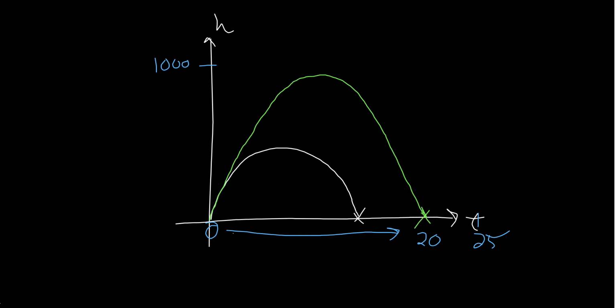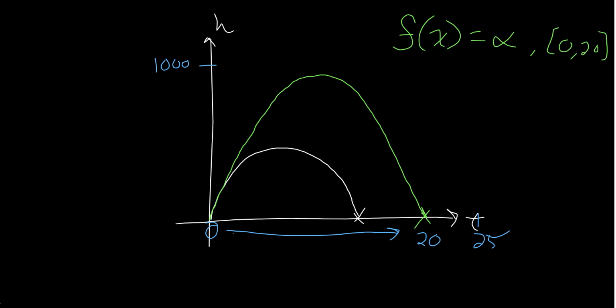So if I were to have mapped out a function of this, I would say this function is like negative x squared or whatever, but I'm just going to call it alpha, just some polynomial. Then I would denote the domain would be from 0 to 20.